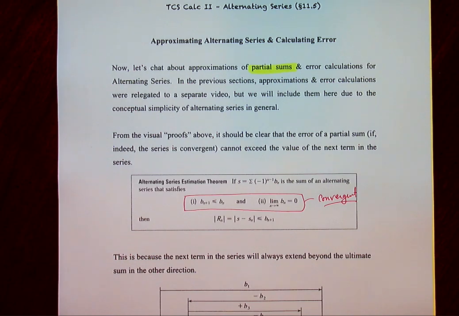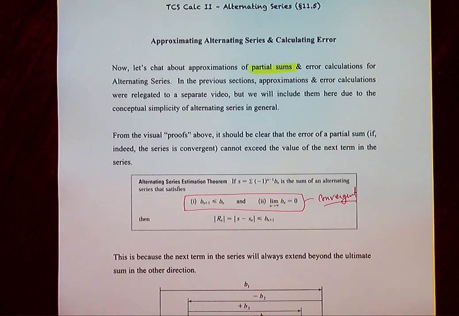That's it. If you get a partial sum to the nth term, the next term, b sub n plus 1, is your maximum error.